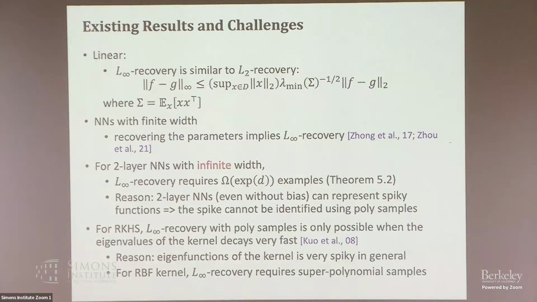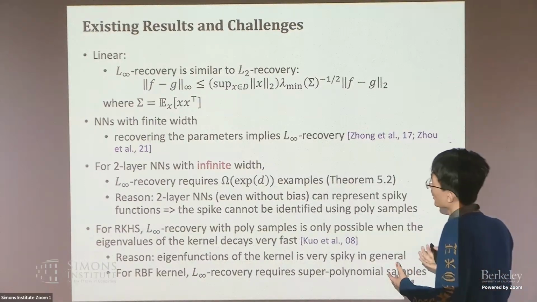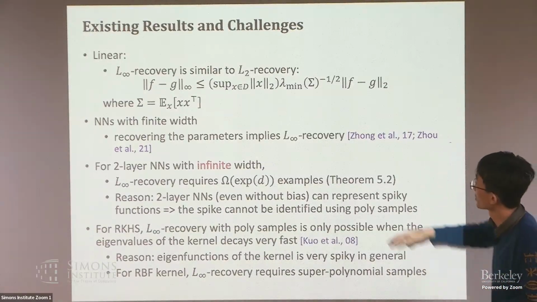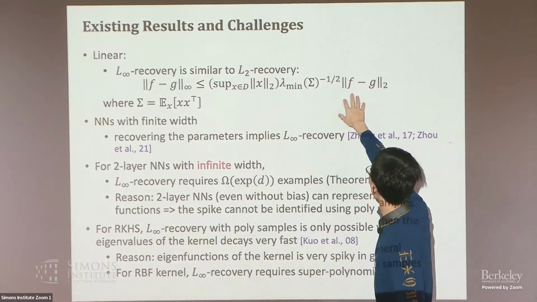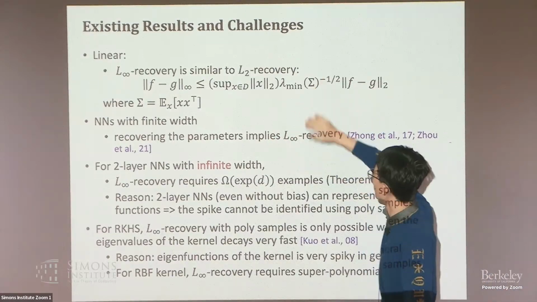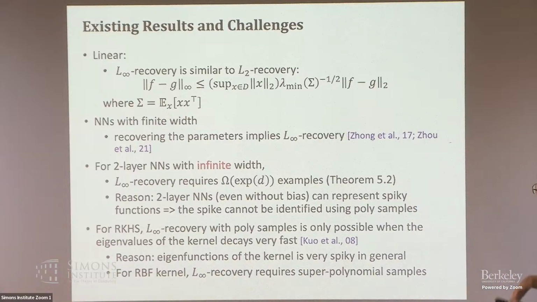So, some of the existing results. For linear models, I think L infinity recovery is at least qualitatively similar to L2 recovery because you can bound the L infinity error by the L2 error via the inverse of the covariance matrix and the size of the domain, and so on and so forth.